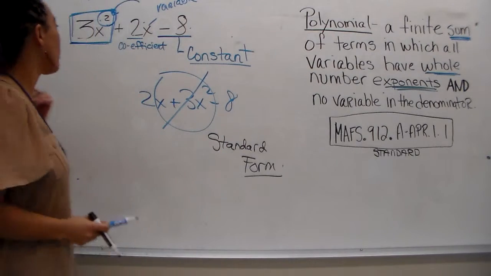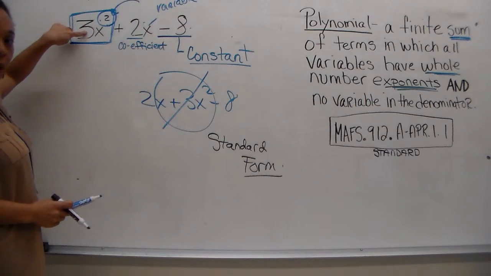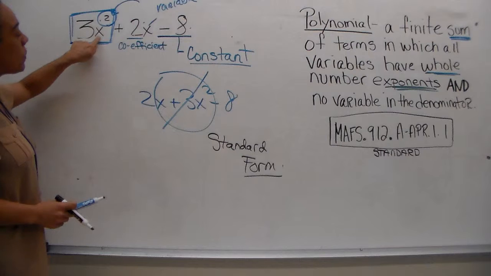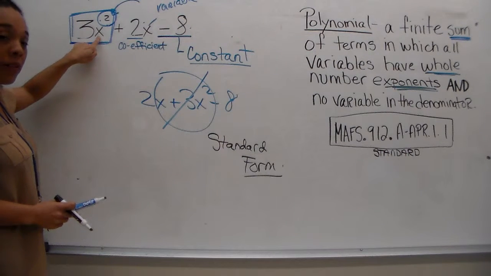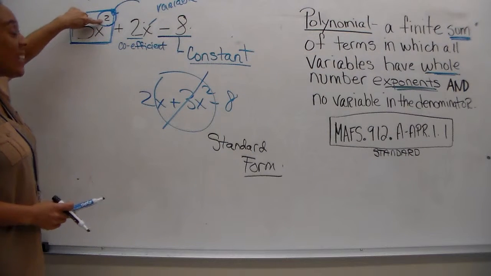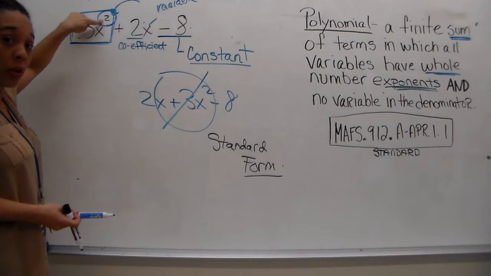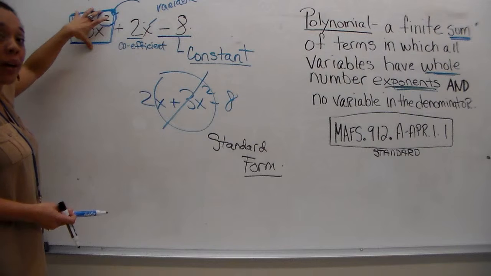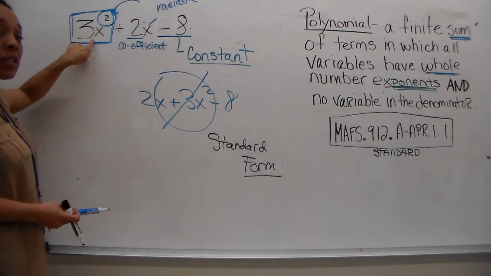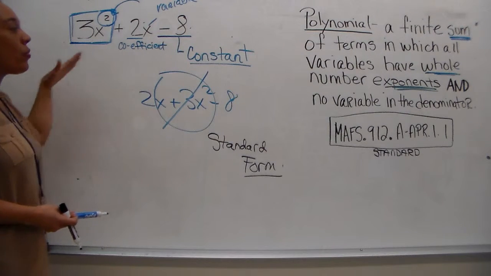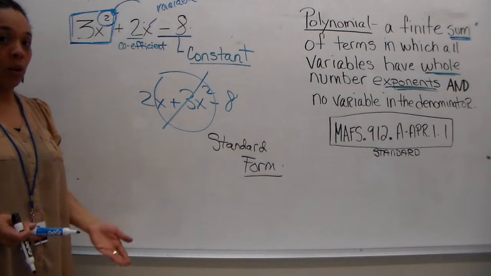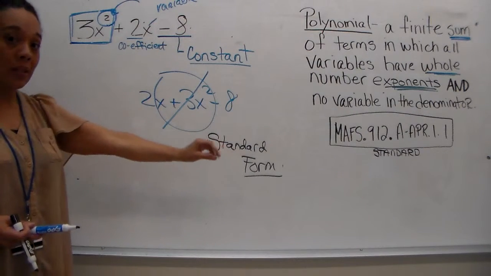That's why in this example, our coefficient of 3 is being multiplied to our variable of x that is being squared. Since this x has a power of 2, it comes out in the front of the polynomial and is written with this term first. Then we would follow that in descending order from greatest down to least.